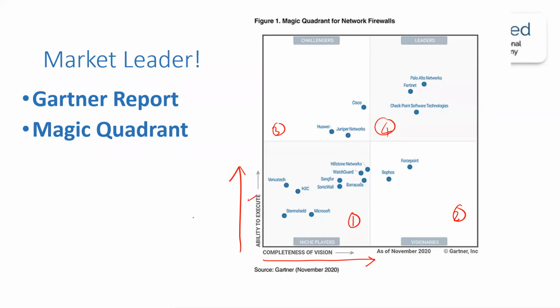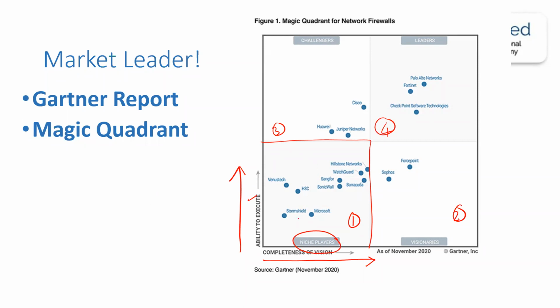Now, on these two criteria, the quadrant is made, where this first one is also called the niche players. I hope you are able to see this. Niche players basically means a lot of people who are doing what the market requires right now.